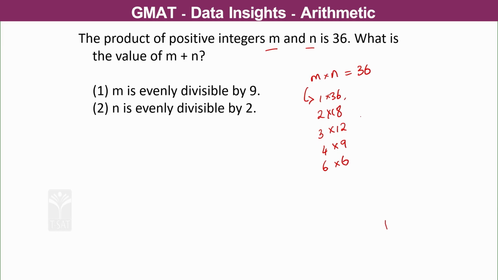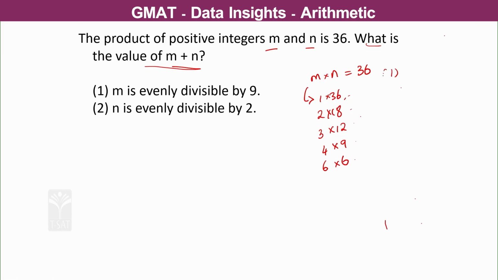So these are the various positive integer combinations of m and n whose product is 36. Now what is the question asking? The question is asking what is the value of m plus n. To calculate m plus n from all these options, you get a different m plus n for each of these combinations.